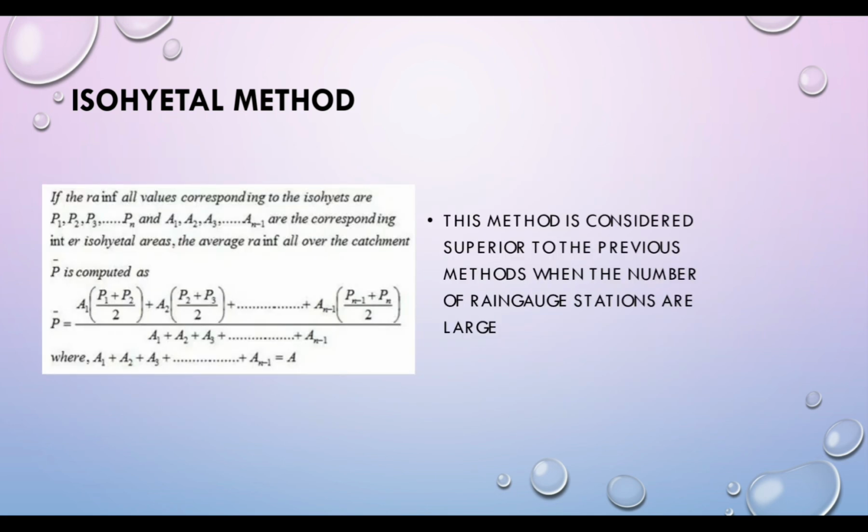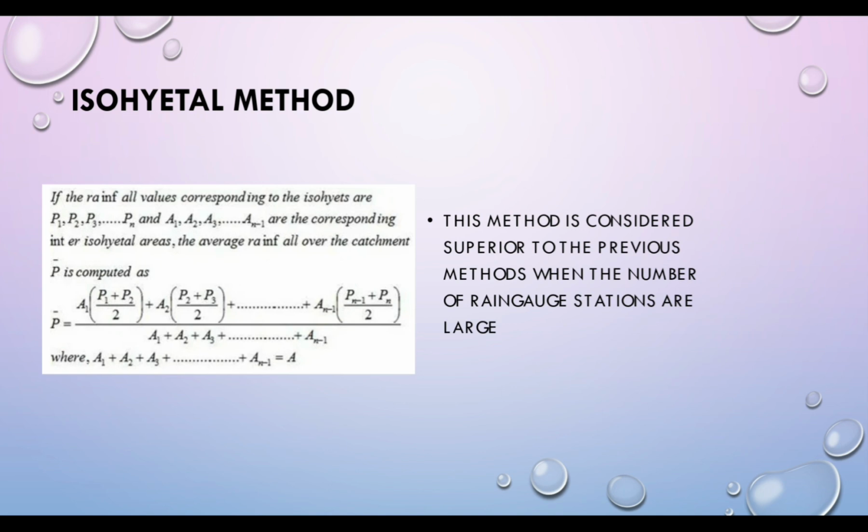To compute the mean precipitation using the isohyetal method, if the rainfall values corresponding to the isohyets are P1, P2, P3, and so forth, and A1, A2, A3, and so forth are the corresponding inter-isohyetal areas, the average rainfall over the catchment P is computed as P equals A1 times (P1 plus P2) over 2, plus A2 times (P2 plus P3) over 2, and so forth, all over A1 plus A2 plus A3 and so forth, where A1 plus A2 plus A3 and so forth is the total area.